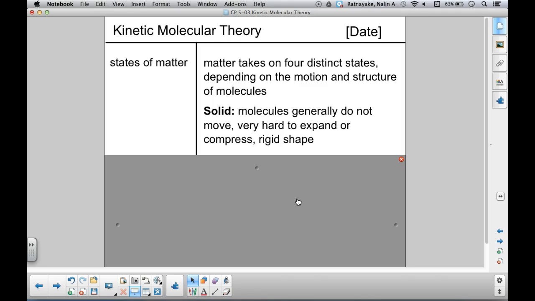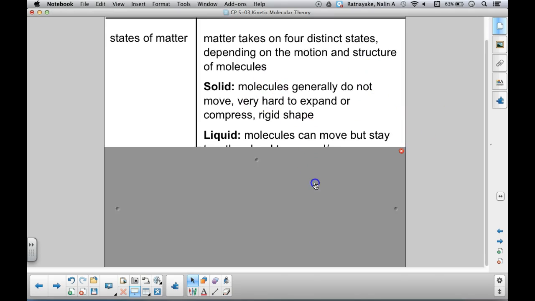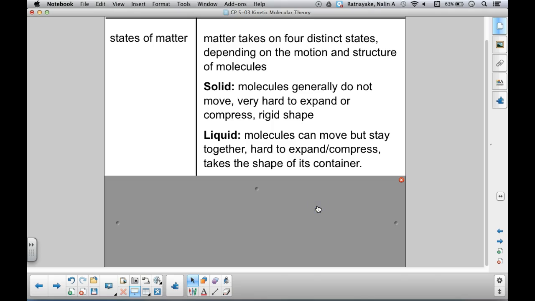And a solid object is very hard to expand or compress. It's going to have a fairly rigid shape relative to the other states of matter, and we can classify this based on their molecules.